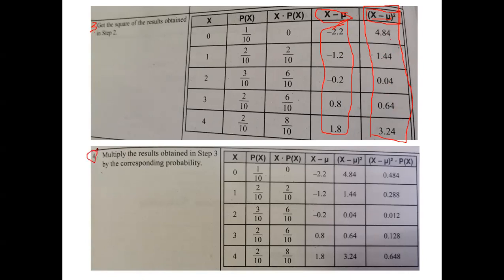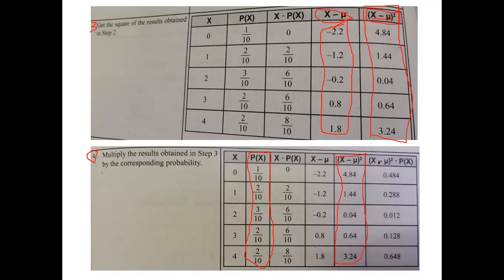Next step. Number 4, multiply the results obtained in step 3 by the corresponding probability. So our probability here is this one, right? Probability of x. And this one is the results obtained in step 3.